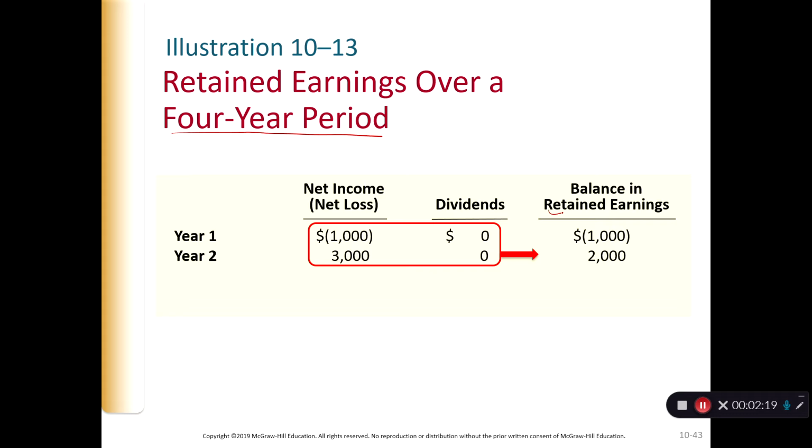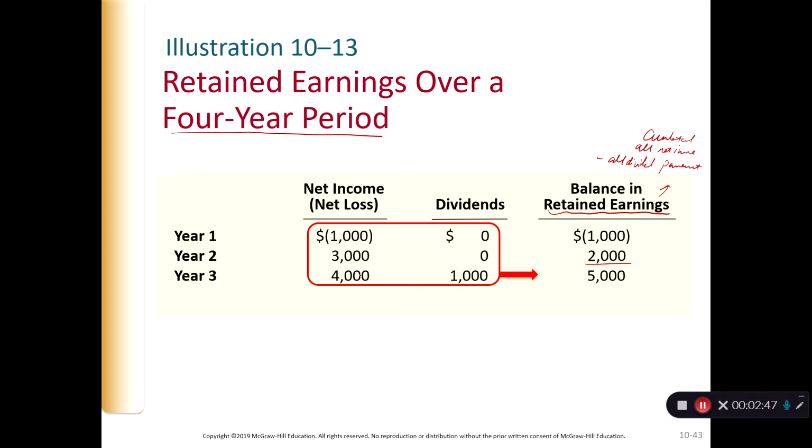However, look at this, retained earnings is a permanent account. Therefore, it accumulates all net income minus all dividends, right? So you made $3,000, accumulating on top of that minus $1,000, you are left with $2,000 in retained earnings.